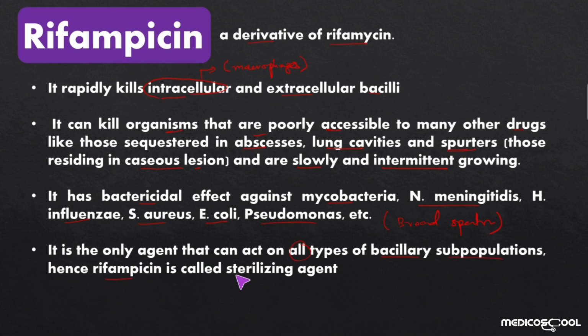Hence rifampicin is also called the sterilizing agent. It can kill the rapidly growing Mycobacterium tuberculosis, the latent, the slowly growing, and all kinds of subpopulation. Hence it is known as the sterilizing agent.